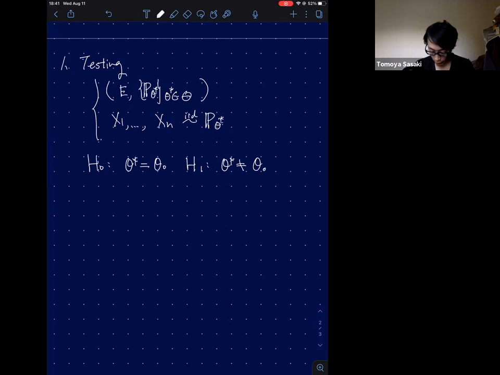So we have this kind of setup for the statistical model we assume, and we want to know whether the true parameter theta star is equal to theta naught or not. And so we first construct test statistics.